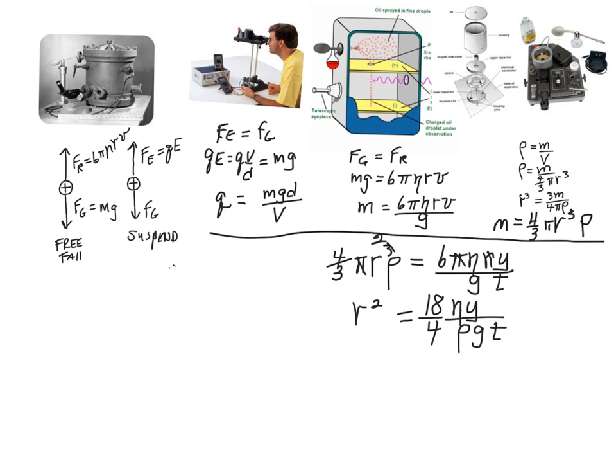And so in the assignment, the first thing you're asked to do is to get the velocity. And then once you have the velocity, you're asked to get the radius. So it's easier to solve for the radius than the mass. And then once you have the radius, you can use this equation to get the mass. And once you have the mass, then you can go back to this equation and get the Q. Or what happens in the assignment is you're actually given the Q and asked to find the voltage.